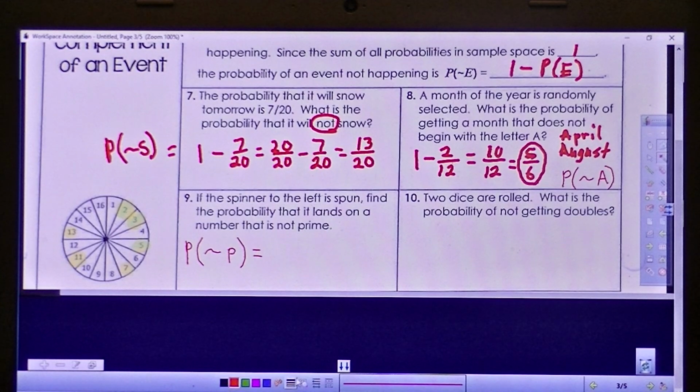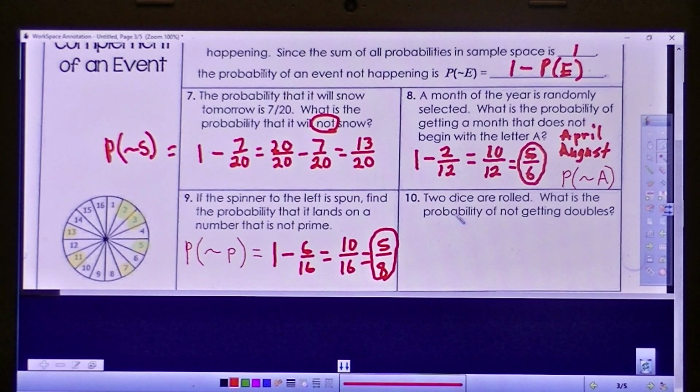Okay, let's get this a little bit bigger again. So that'd be 1 minus 6 over 16, because that's how many would be prime. And that would leave you with 10 out of 16 that are not prime. And that, of course, reduces to 5 over 8. So that's the probability of picking a number that would not be prime.